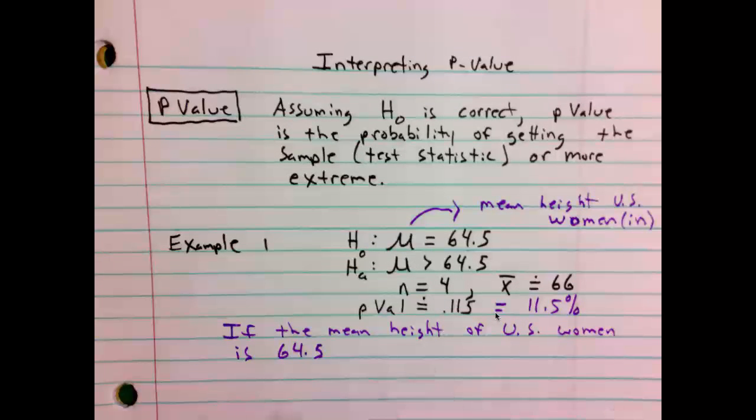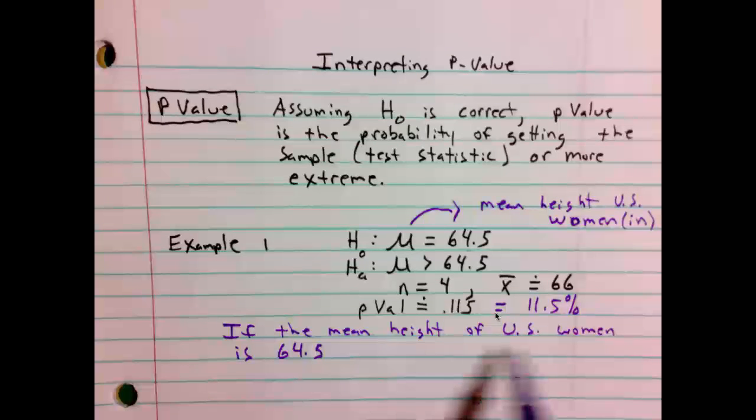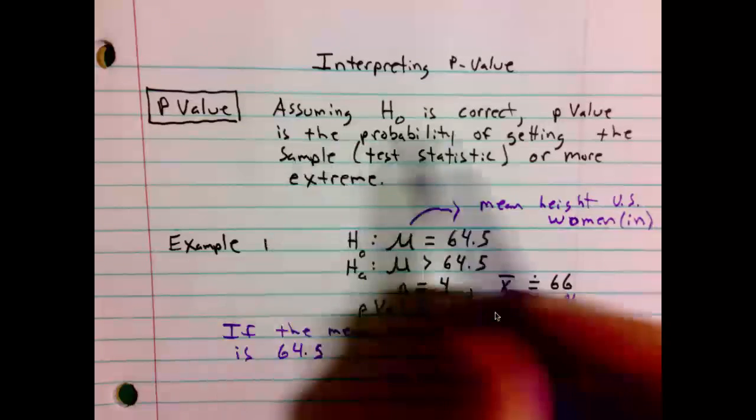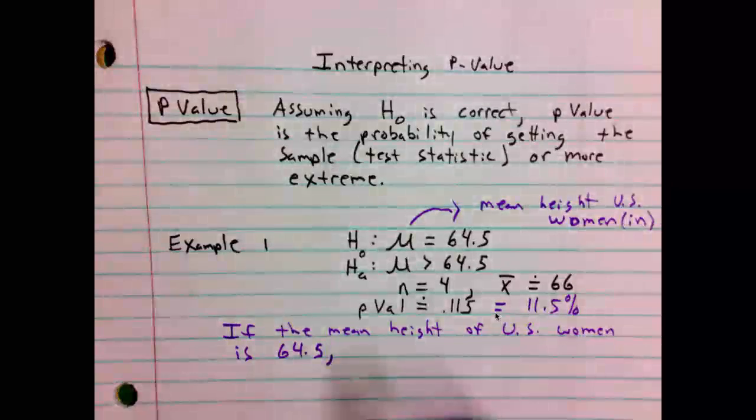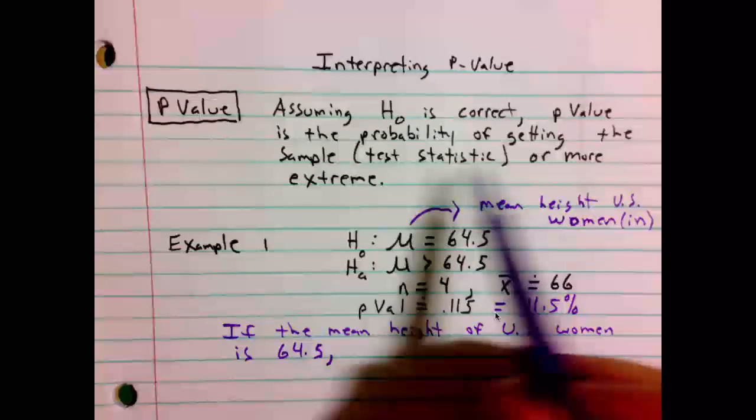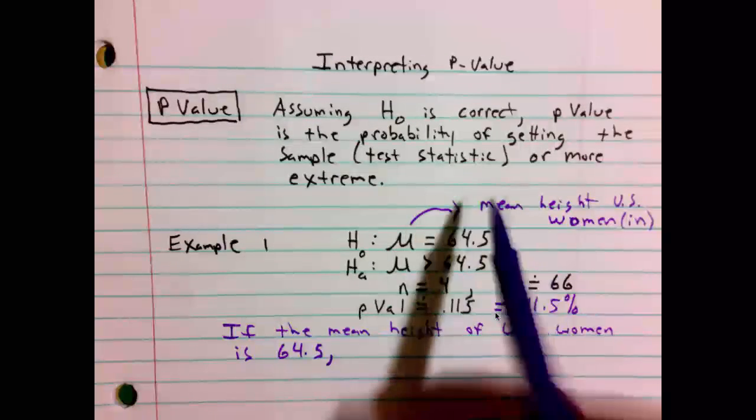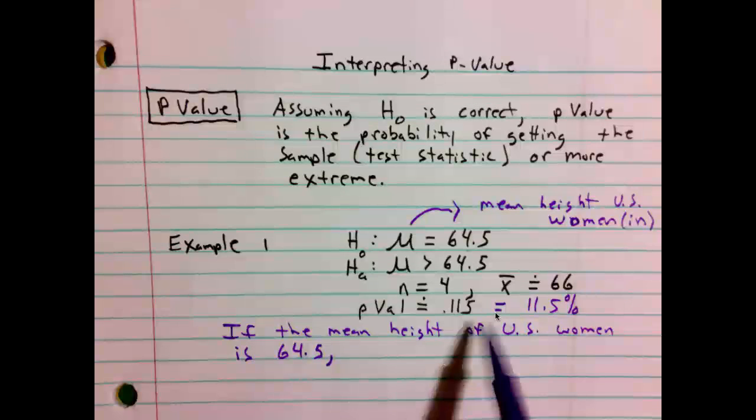It's sort of implied in this case. If the mean height of U.S. women is 64.5, that's our assuming H naught is correct. P-value is the probability of getting the sample or more extreme. Well, our p-value is 11.5%.